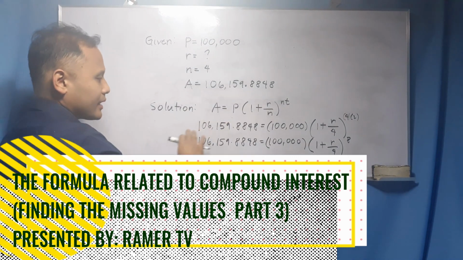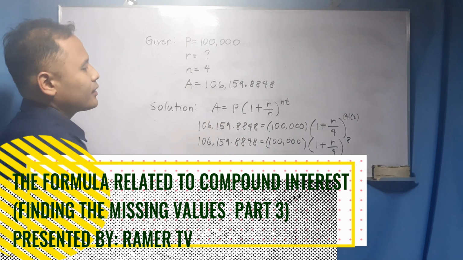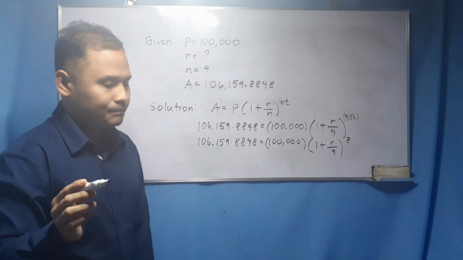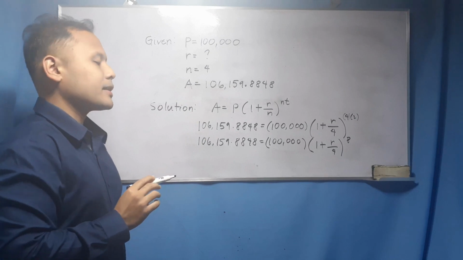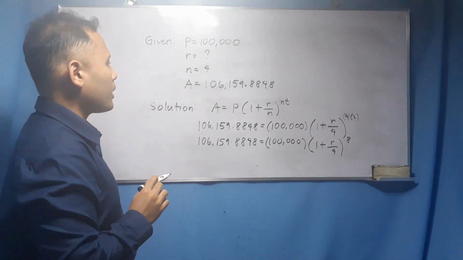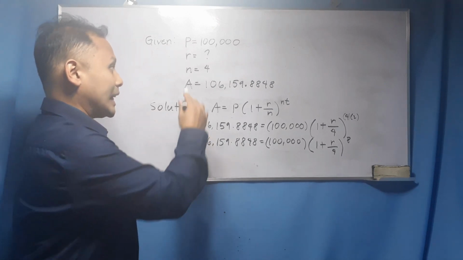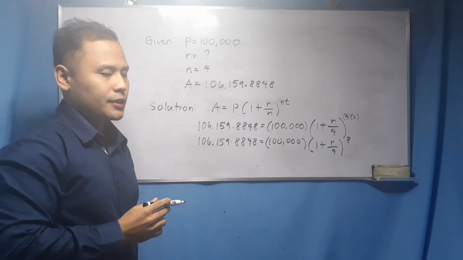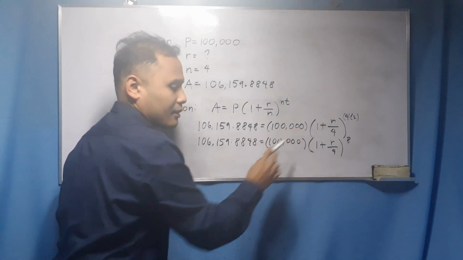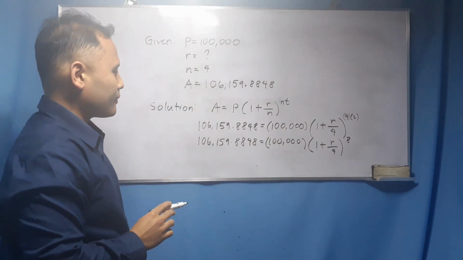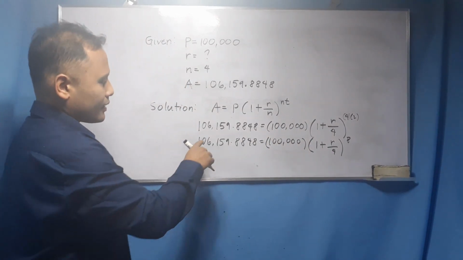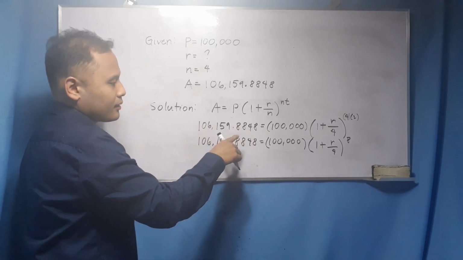We have 3 lines here. In the first line, we use the same formula, and then we substitute the other variables with their given numbers, except R. So we maintain this number in the left hand side.